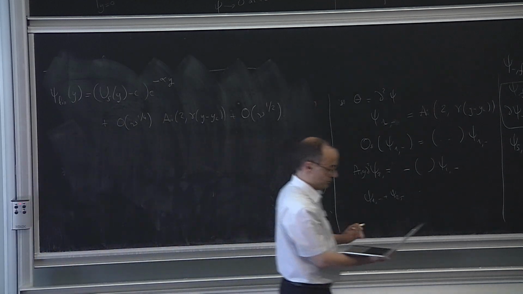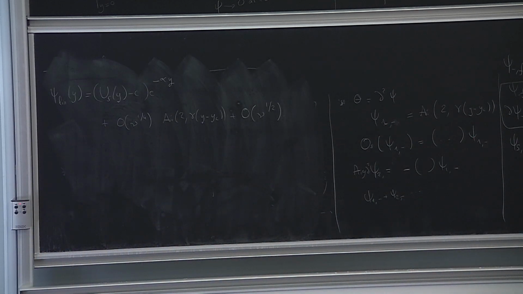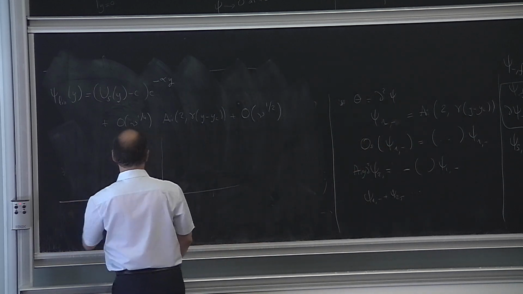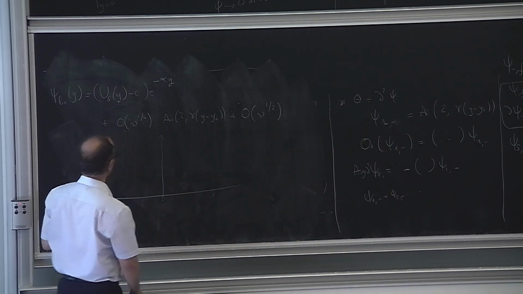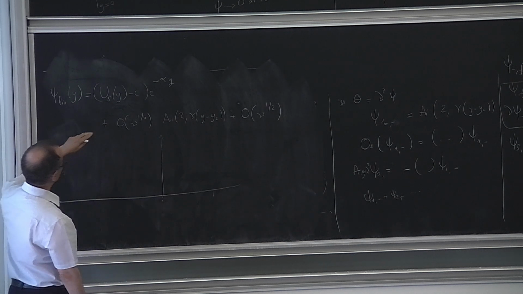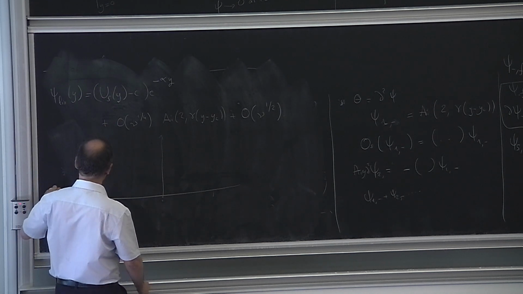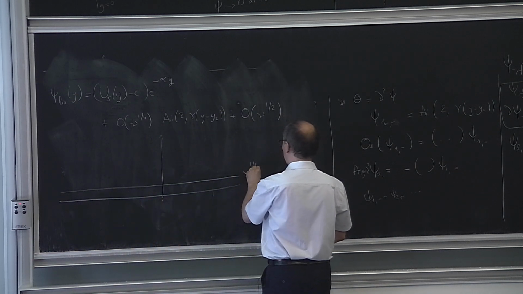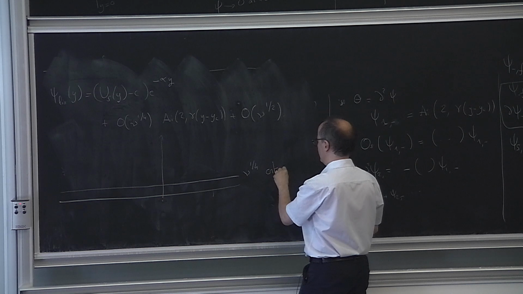So what is the picture of that? The picture of the instability. So this is my boundary. First you have yc, which is at nu to the 1/4. So you have nu to the 1/4, which is called the critical layer.